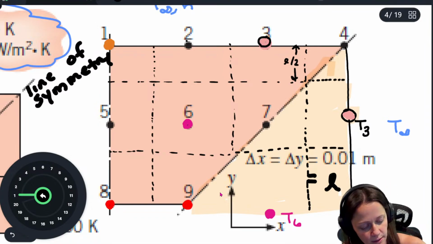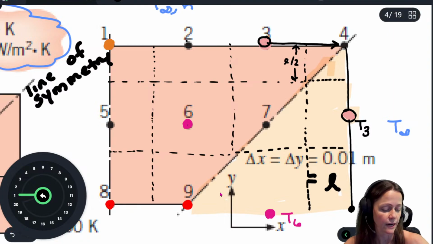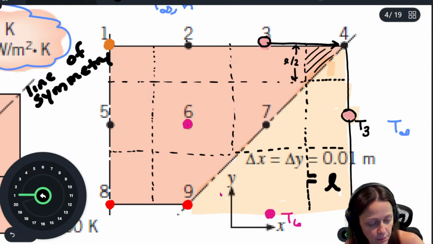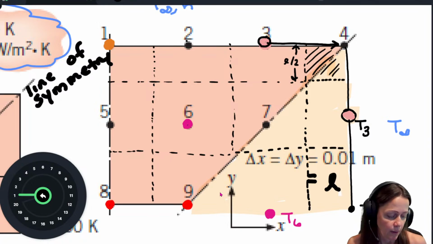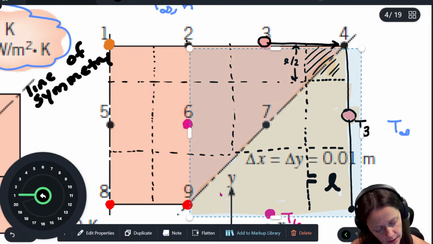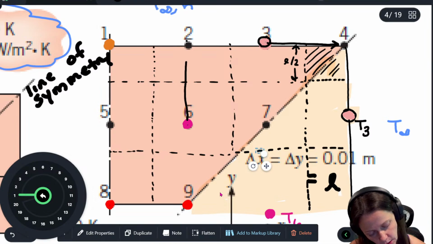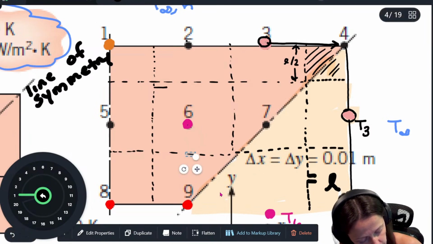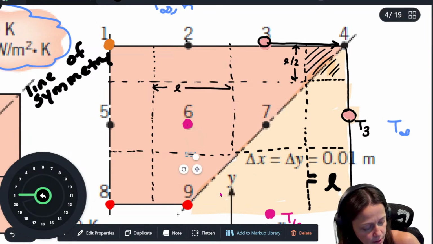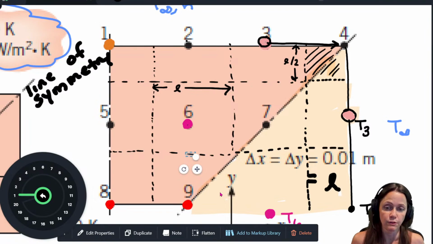And when you're talking about the Q, it's going into this element, but it's going through an area that's half: L over 2 times 1. If, say, I wanted to look at Q going through there, well, this distance right here is L. So that would be a full area, just L times 1. Does that make sense? Okay.